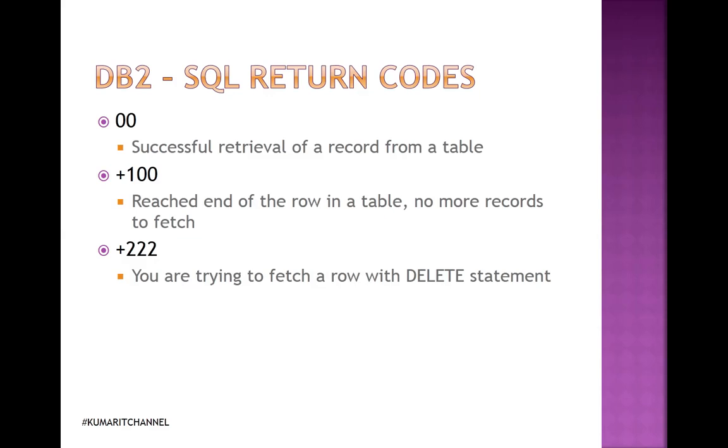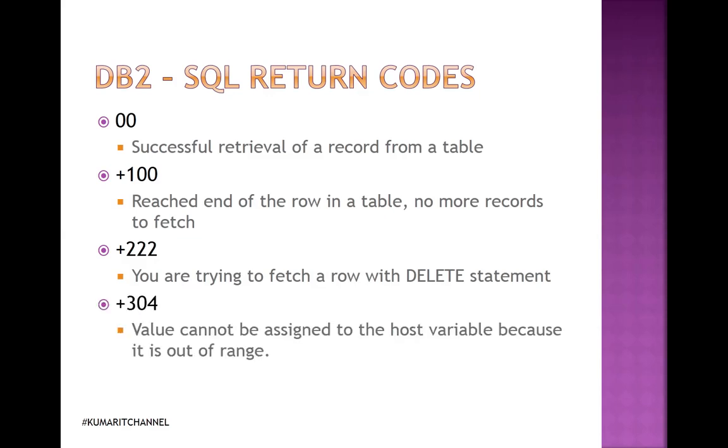And then next is -2: you're trying to fetch a row with delete statements. And 304: the value cannot be assigned to the host variable because it is out of range. You need to make sure the host variables and the local variables are in sync so that you will not come across this kind of error.